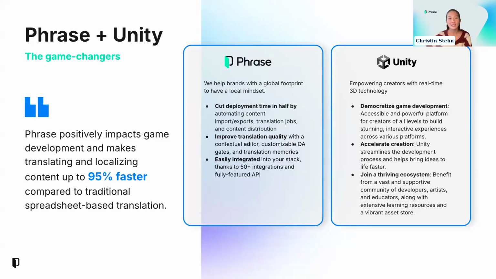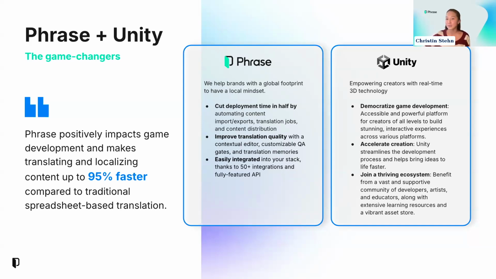So let's get started and dive in with a quick overview of Phrase and Unity and explore how together they can be a real game changer for your development process in gaming. So Phrase can significantly improve your localization process, cutting down time by up to 95% compared to traditional spreadsheet-based translation.